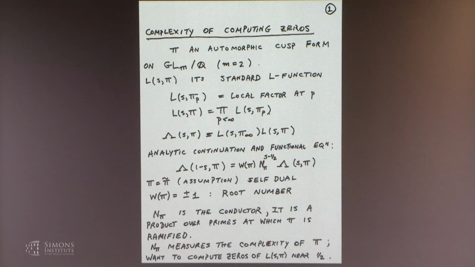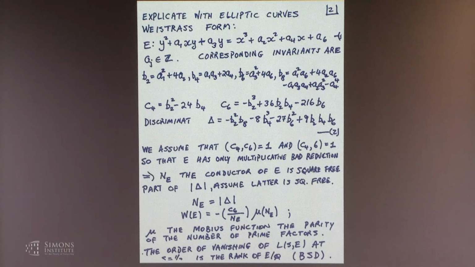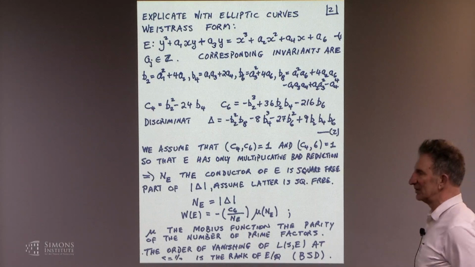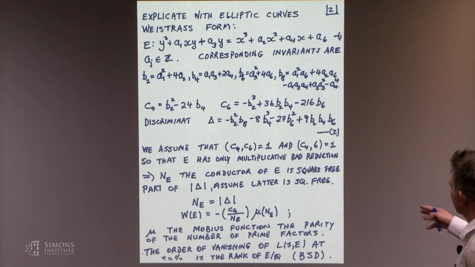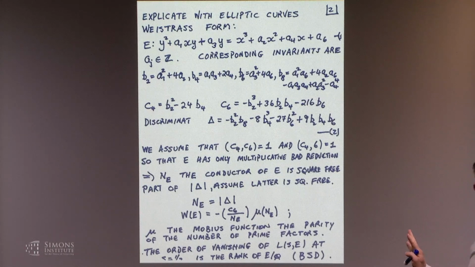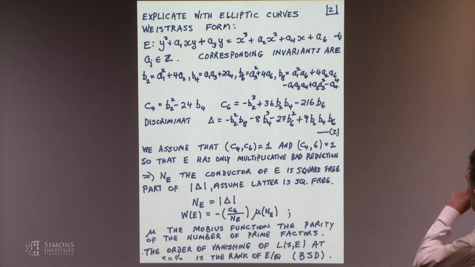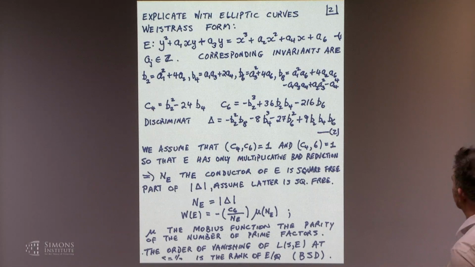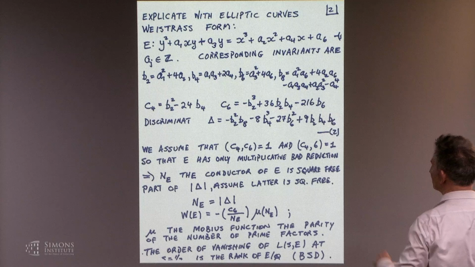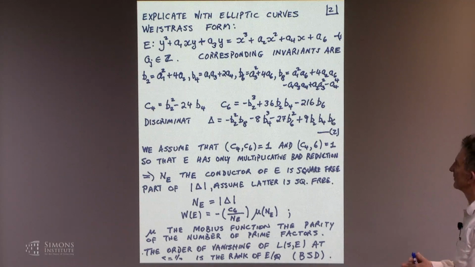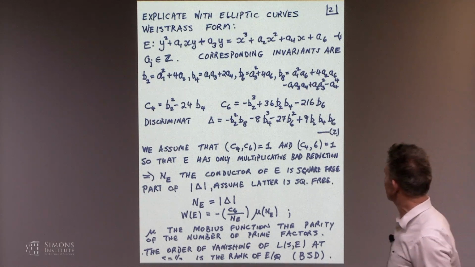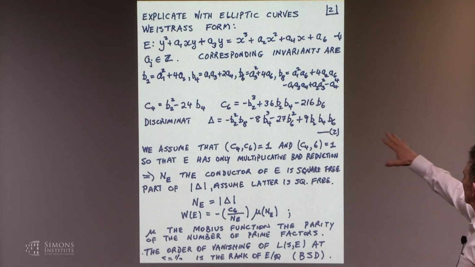All right, so let me explicate this. This is the only example you need to think about, and even this will quickly be replaced by a purely polynomial model problem, which the main problem reduces to. So you have an elliptic curve, which I put in Weierstrass form. I'm working over the integers, so I don't even continue to put it in the simplest form. So it's y squared equals a cubic, and there are some other terms and their coefficients.